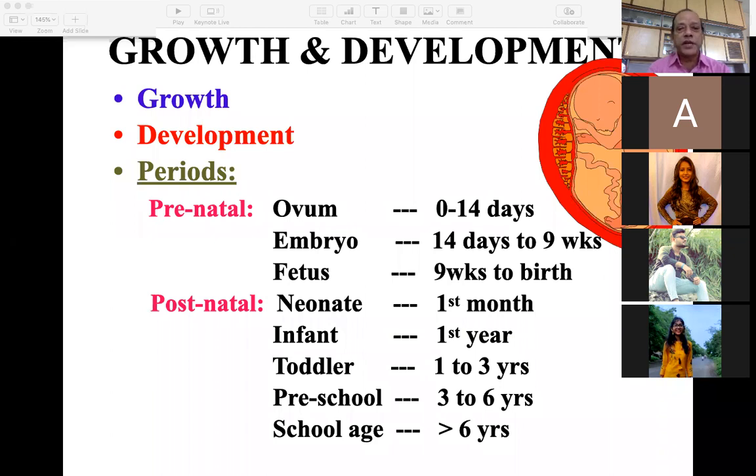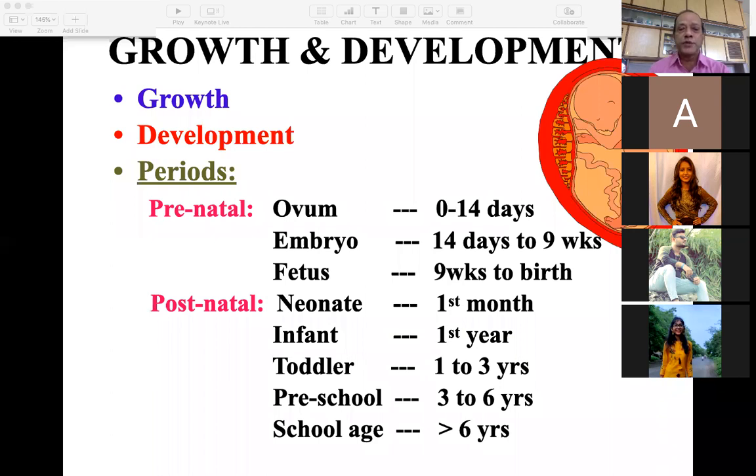The various periods of growth and development are, antenatally, starting from the ovum, 0 to 14 days; embryo, 14 days to 9 weeks; and fetus, 9 weeks to birth of the child.